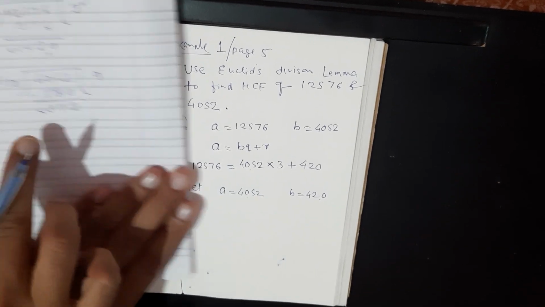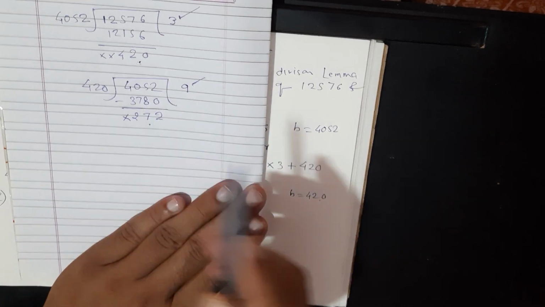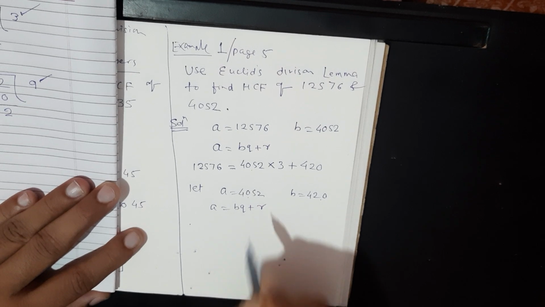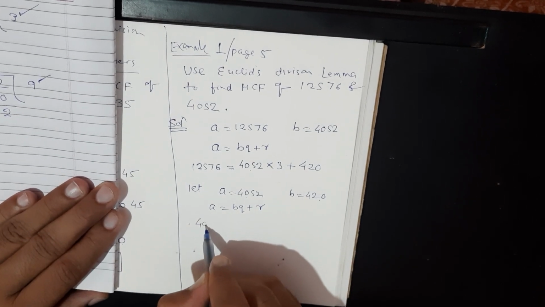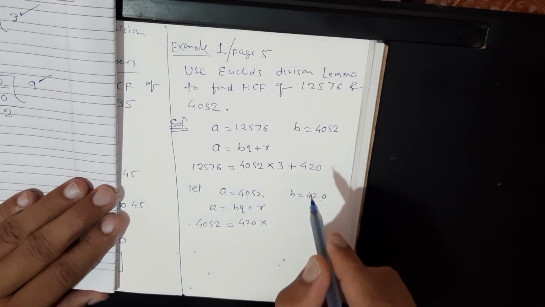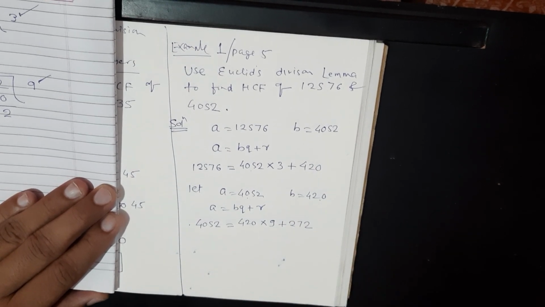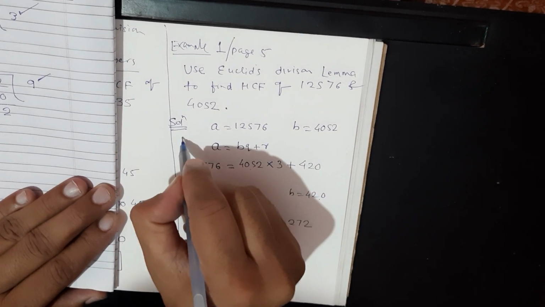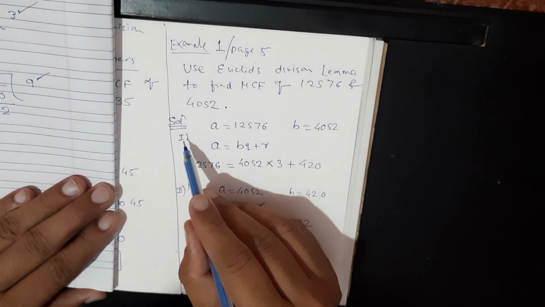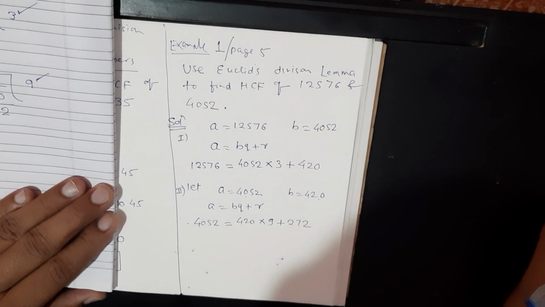Now on dividing, you can see that the quotient is 9, the remainder is this one, and I'll again write it as A equal to BQ plus R. A is equal to this one, B is equal to 420, Q is equal to 9, remainder is 272. This is the first procedure, this is the second procedure. You don't have to mark 1, 2 and 3. It is the very first example from a book, that's why I'm numbering that.